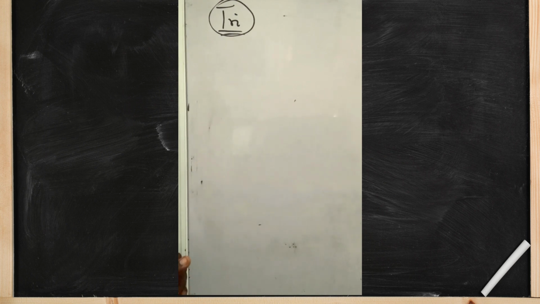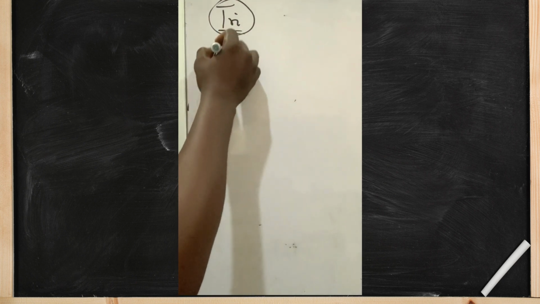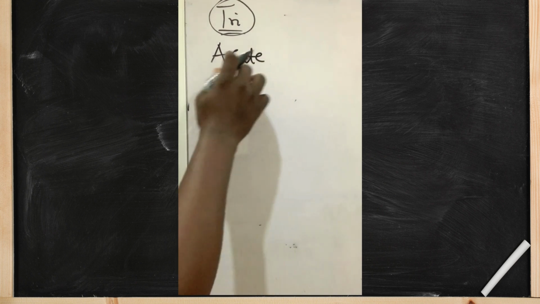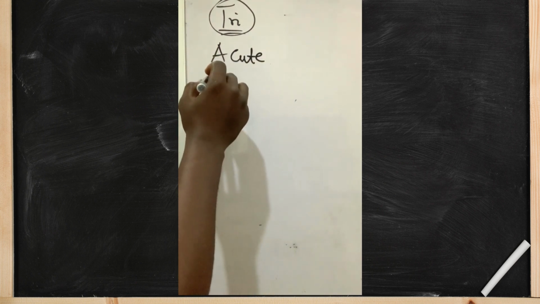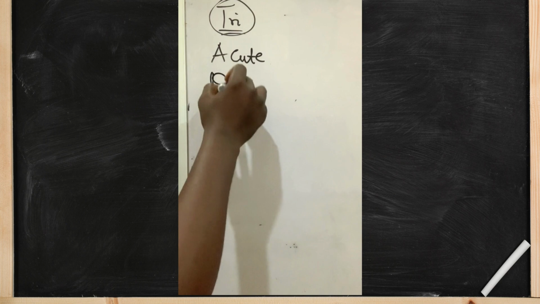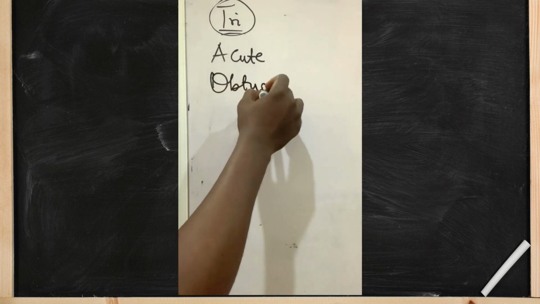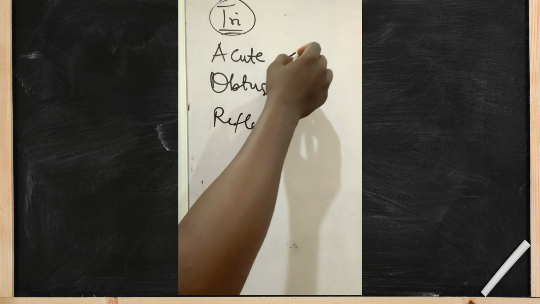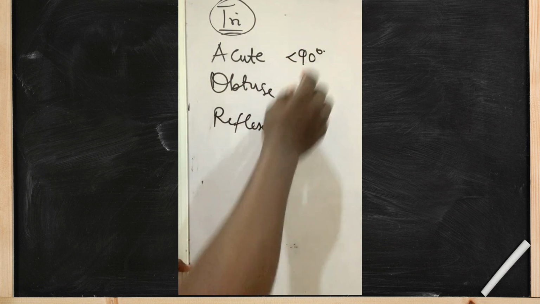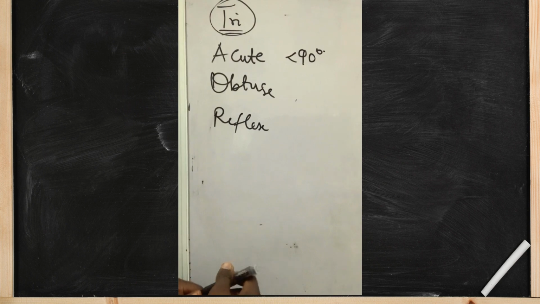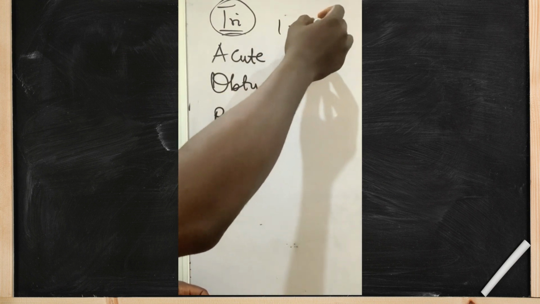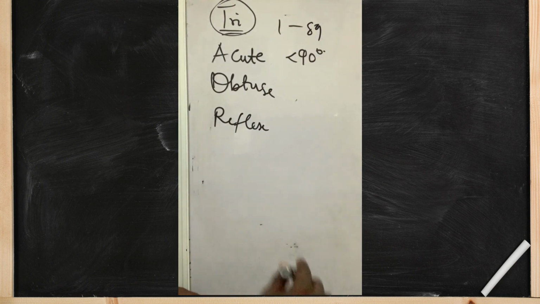Now, when you talk about trigonometry, there are some things we need to understand or note, such as angles like acute angle. We need to familiarize ourselves with acute, obtuse, and reflex. Angles that are less than 90 degrees are acute angles, meaning from 1 to 89 are acute angles.